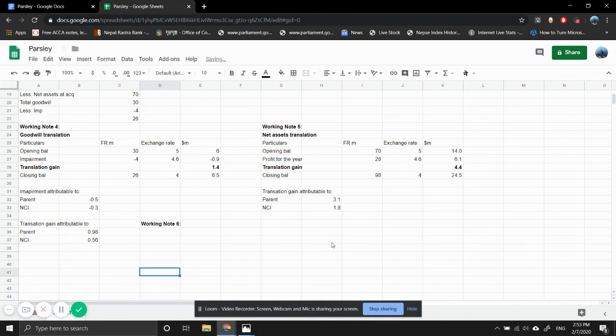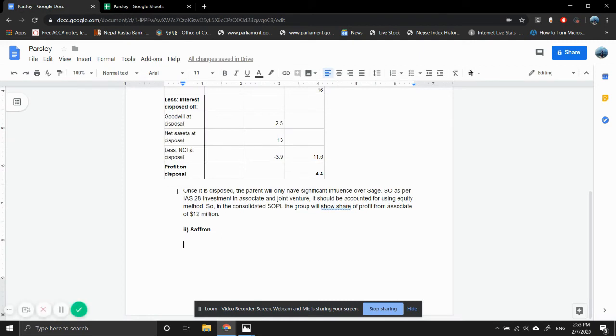Bold, okay? So what I'll do is quickly show the profit attributable. Let's just explain it out there so that it'll be easier for everybody to understand. So profit or loss, right?